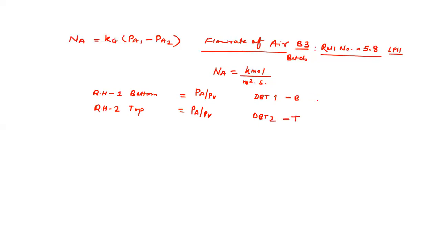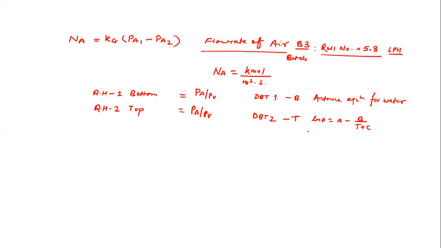So we have Antoine equation for water, which will give you ln P equal to A minus B upon T plus C. So this will give you vapor pressure.